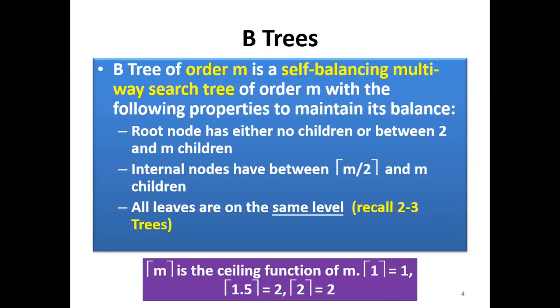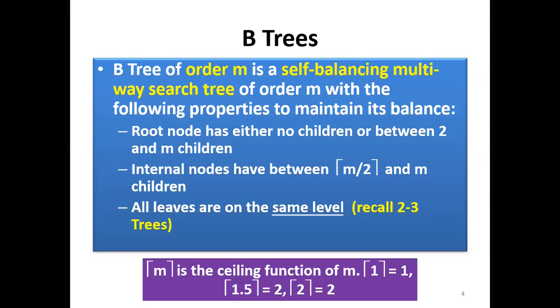And with that value, we can determine the number of data items that can be in the internal nodes. So for instance, if we have an order of 5, that means that each node, apart from the root node, will not contain more than 4 data items.